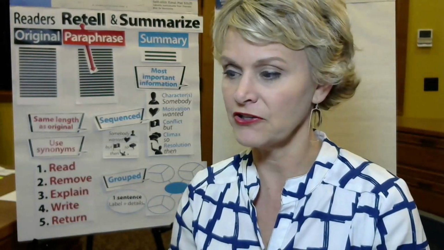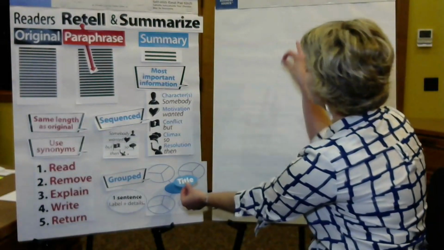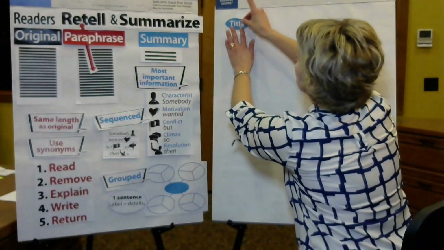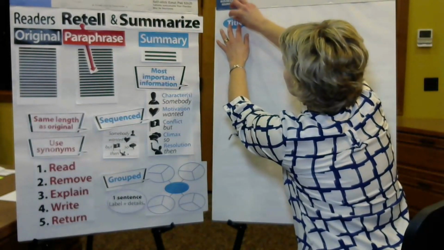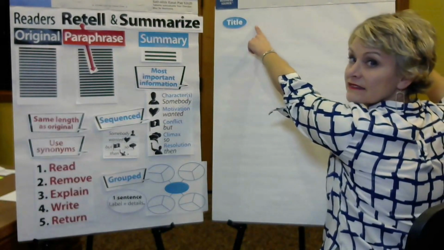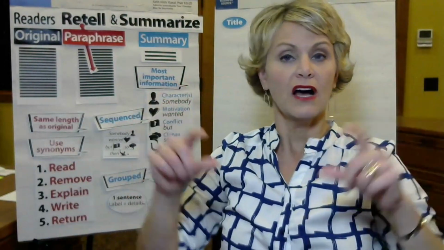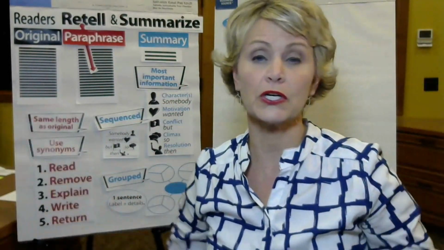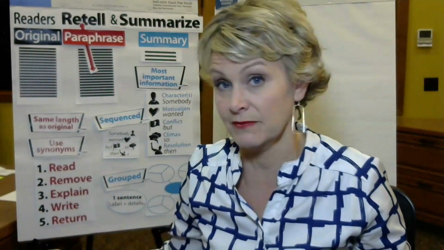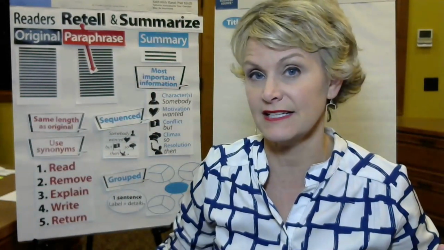The first thing is that when you write your summary, the title is going to turn into a topic sentence. Your first sentence will be the title of whatever article, essay, speech, whatever it is that you're summarizing. The title will become the first sentence.